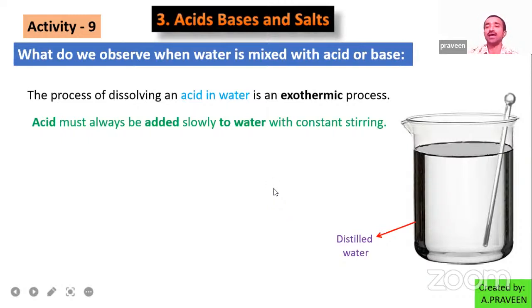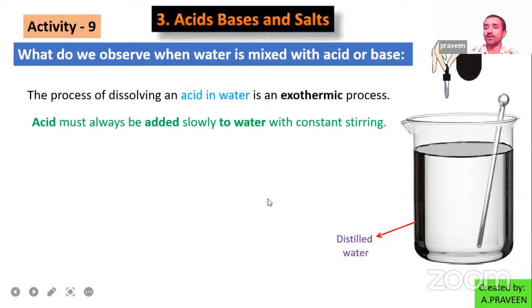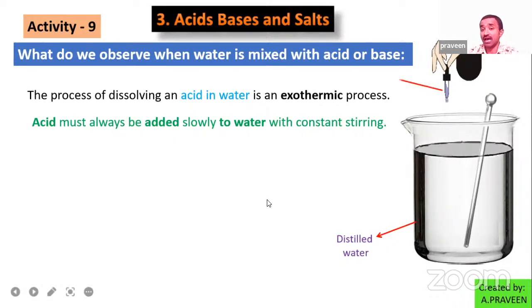Then add acid dropwise, not all the quantity at a time, small quantities dropwise. While you are dropping, continuously stir it. Look, I am adding that acid and continuing stirring.